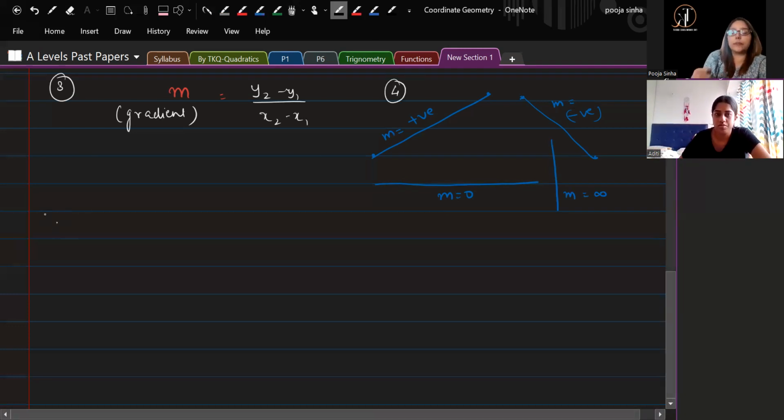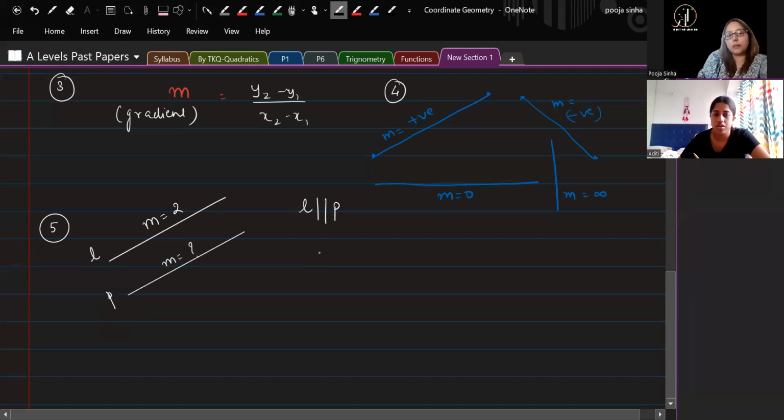Now the fifth point. Fifth point is two lines. Its m is equal to 2. And I say that these are lines L and P, and L is parallel to P. You have to tell me what is the gradient of P. What is m of P?